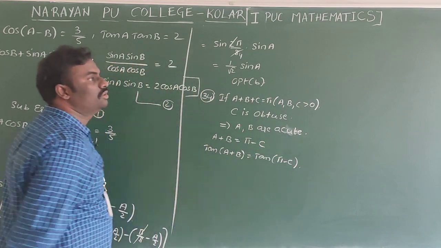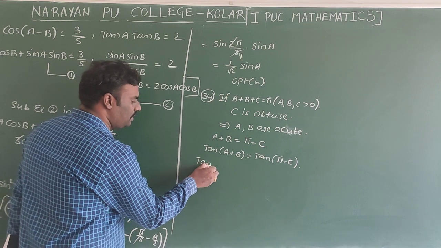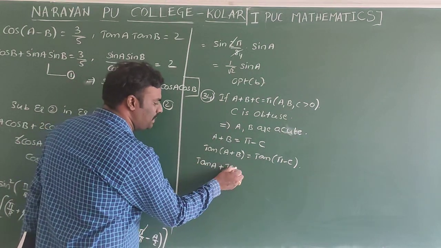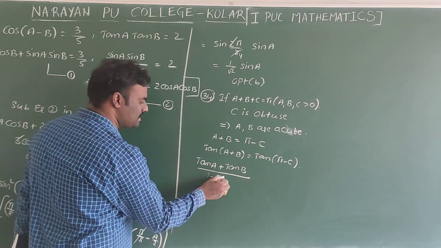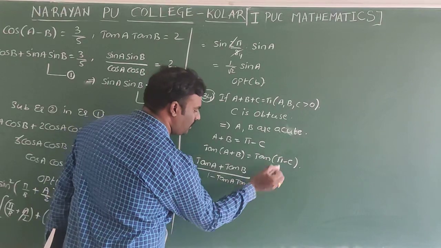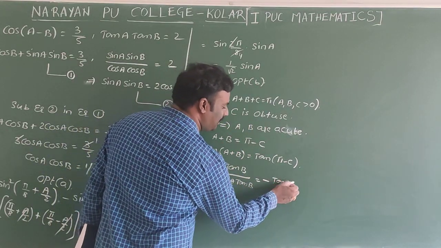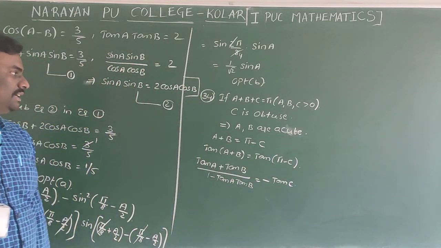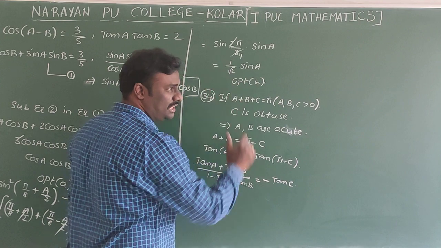So we know the formula for tan of A plus B: tan A plus tan B by 1 minus tan A tan B. Tan of 180 minus theta is nothing but minus tan theta, because in the second quadrant tan is negative. See here, C is an obtuse angle.